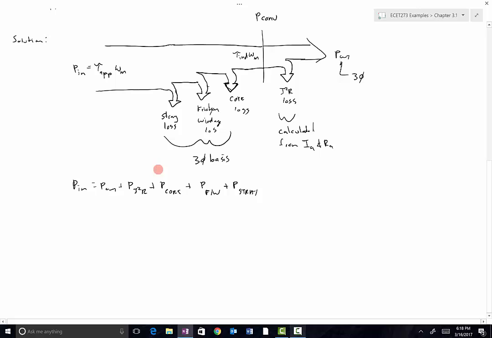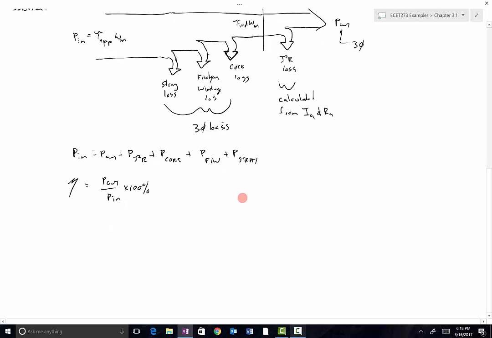That accounts for all the power losses inside of the generator. We were asked to determine the efficiency, which is equal to P out over P in times 100%. So I need to determine P out and P in here.